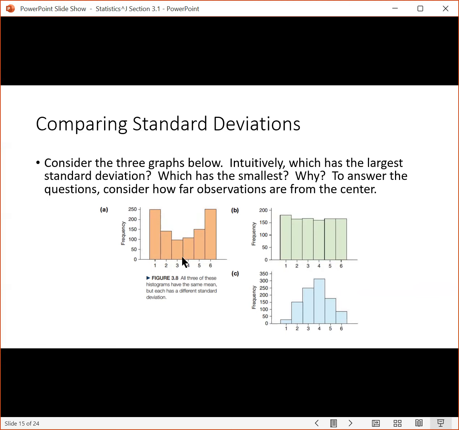How far are observations from the center in this case? The center is right about here. How far are observations from the center in that case? And then here? Think about that for a second. Which one has the observations furthest from the center, and which has the observations closest to the center, based upon the shapes?